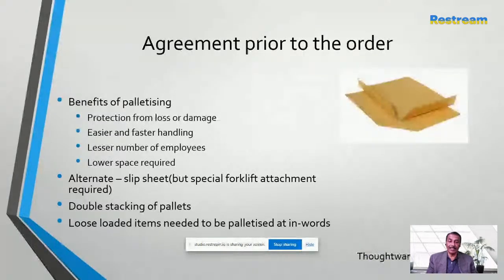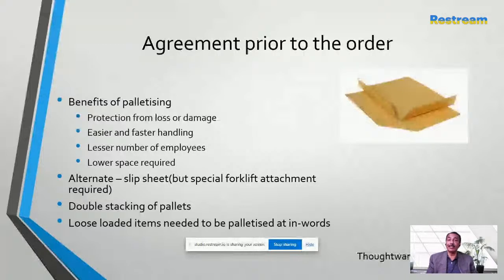You can see this is a slip sheet which is being referred to. Maybe you can reduce the cost of packaging by avoiding a pallet. You can use this kind of slip sheet, and the cost of this is considerably low compared to the pallet.